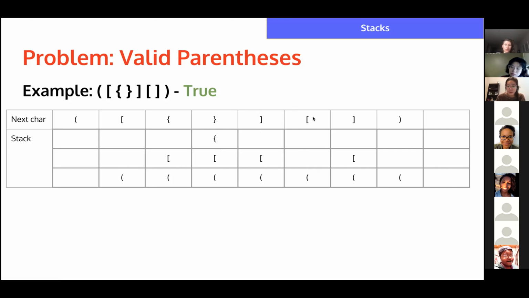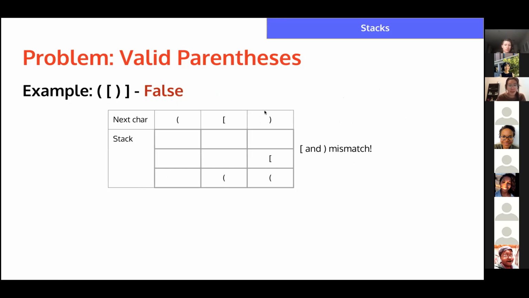Then an opening bracket, we push. We don't do any kind of checks when we push. And then a closing bracket, we check that the stack on top has the right type of opening bracket. Then we pop, and then a closing bracket, check again what's on top of the stack, then we pop. And at the end, the stack is empty, so we know that the string has passed this check for valid parentheses.